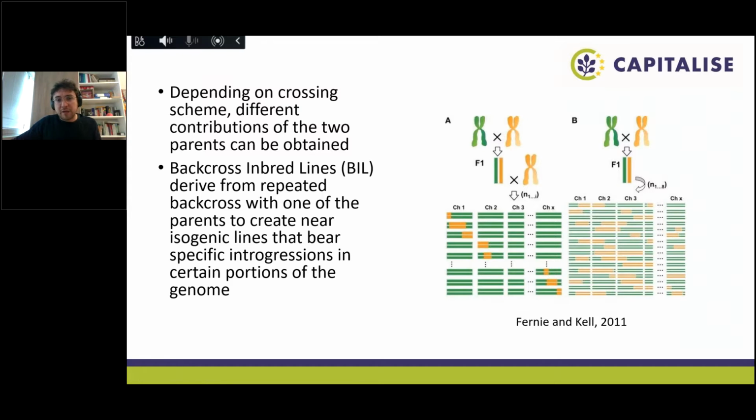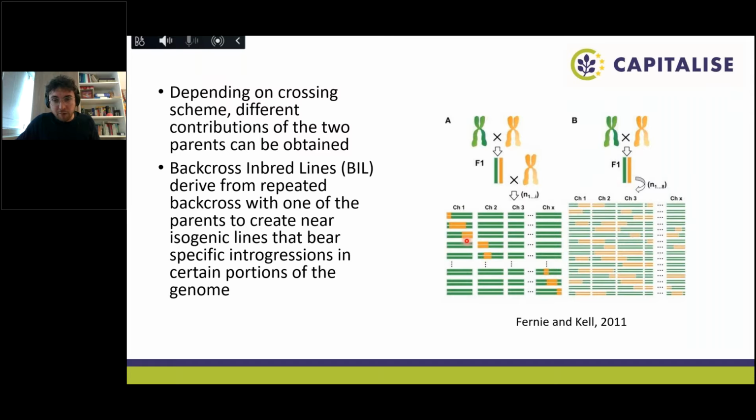And of course, this general scheme can be used for different approaches. There are different crossing schemes. You will hear towards the end of the workshop about backcross inbred lines in tomato, in which the effort is not to produce a balanced representation of the different haplotypes of the parental lines, as in recombinant inbred lines, as you see on the right, but rather to develop a set of lines in which you can identify, at a narrow specific position, the introgression of a line of choice.